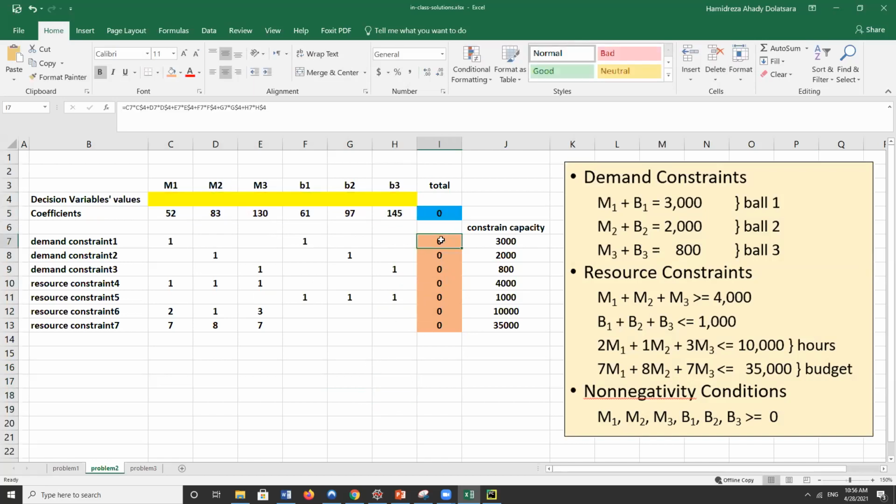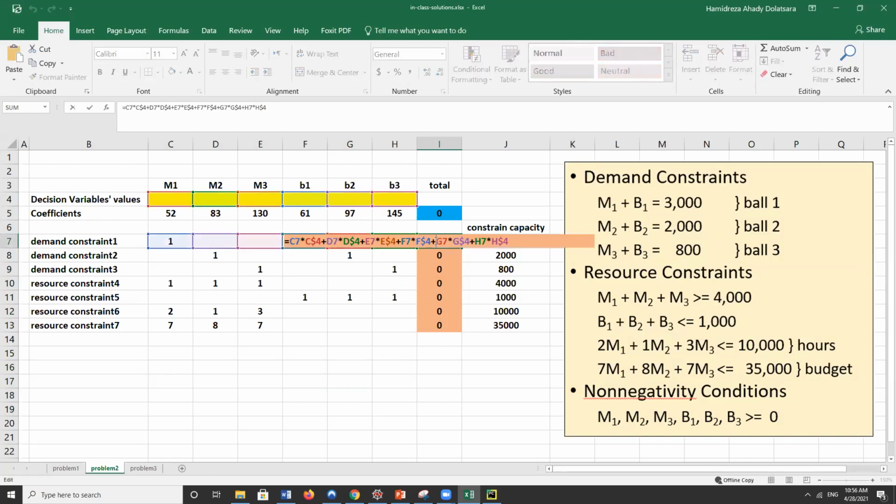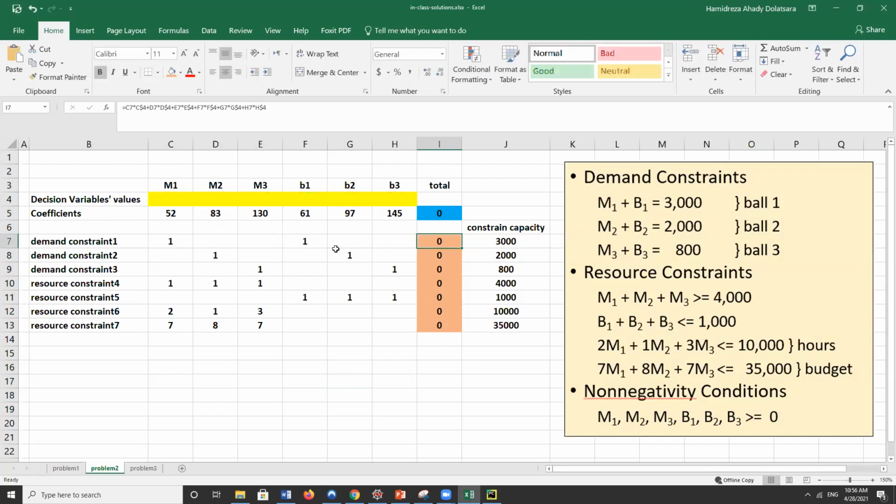Same for constraints. For example, this constraint means 1 times M1 plus 1 times B1, and we check whether it equals 3,000 or not.